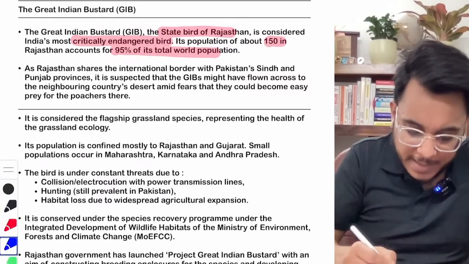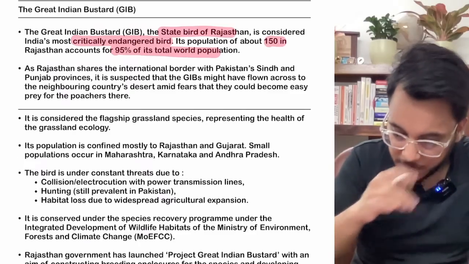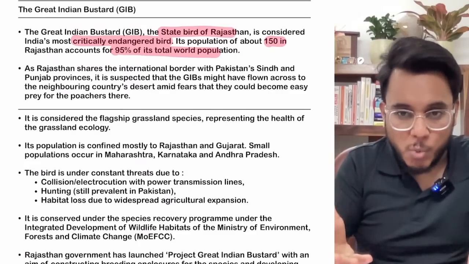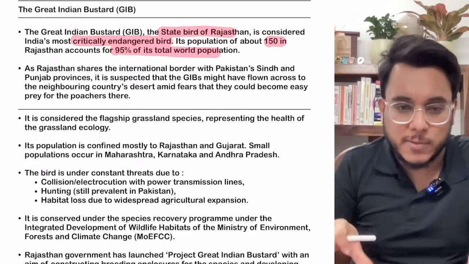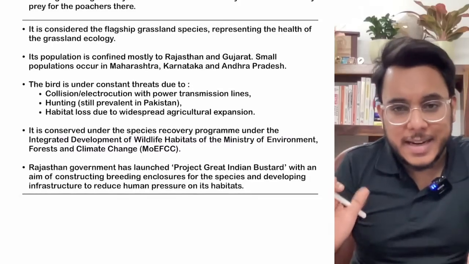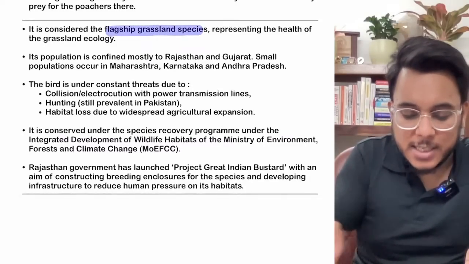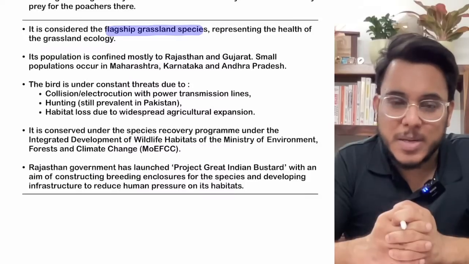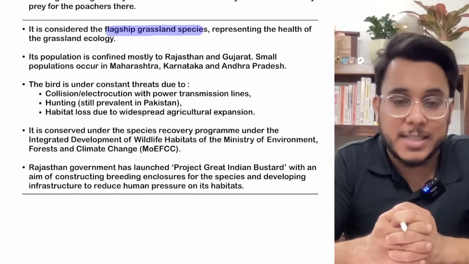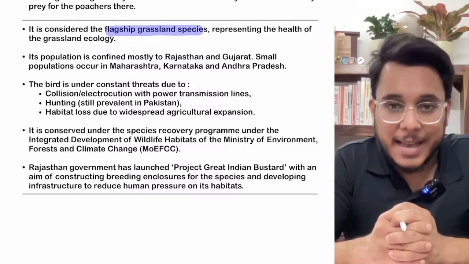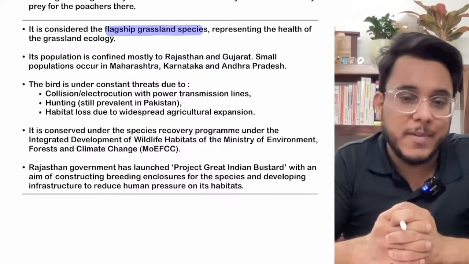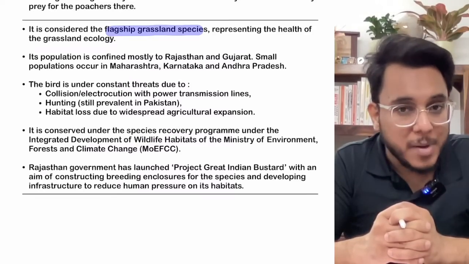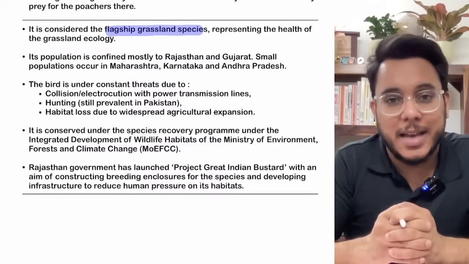Now, guys, the great Indian bustard, okay, a little bit I will tell you more about that, and then we'll go to the context of this article. So it is called the flagship grassland species. Now, guys, there are certain species which are called indicator species, which indicate the health of a particular ecosystem. If an ecosystem is in good health, the numbers of those species will be in the healthy range.